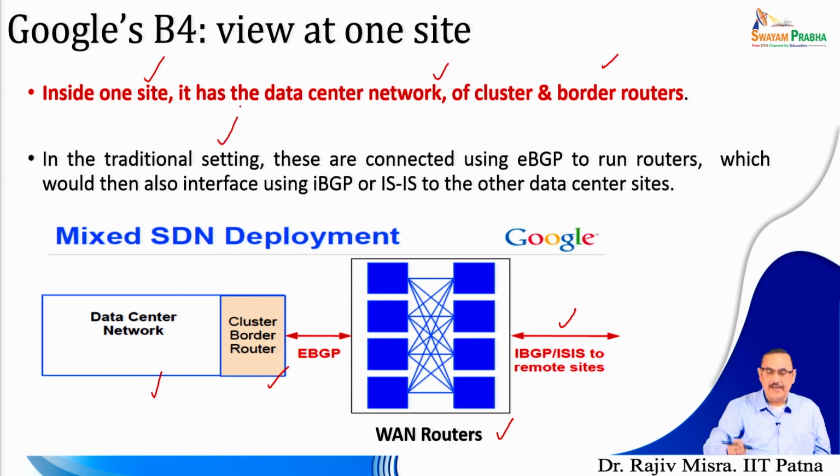In the traditional settings, these are connected using eBGP to the routers, which would then also interface with IBGP or ISIS to the other data center sites.